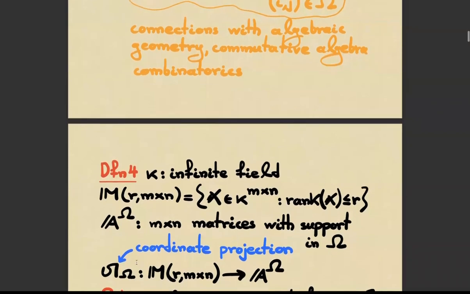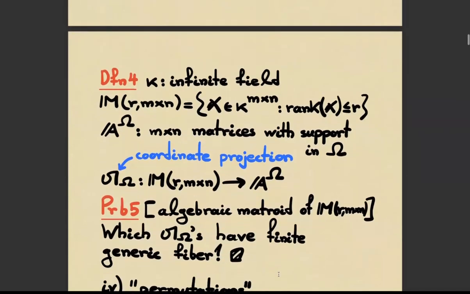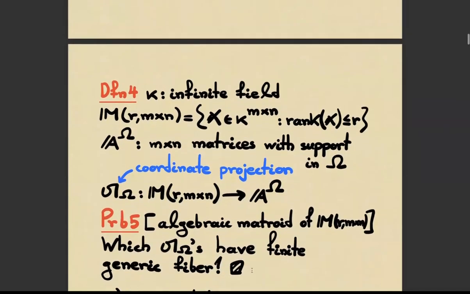We can consider this coordinate projection: we go from this variety of rank R matrices, apply this mask omega, and land in this affine space. The problem is, which coordinate projections have finite generic fiber? This connects to algebraic matroids. To have finite fiber means to have finitely many completions.